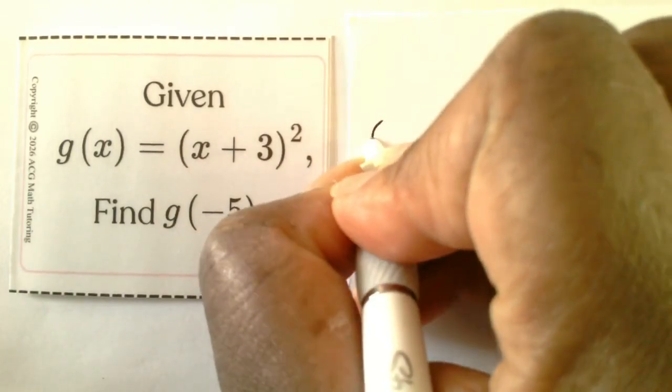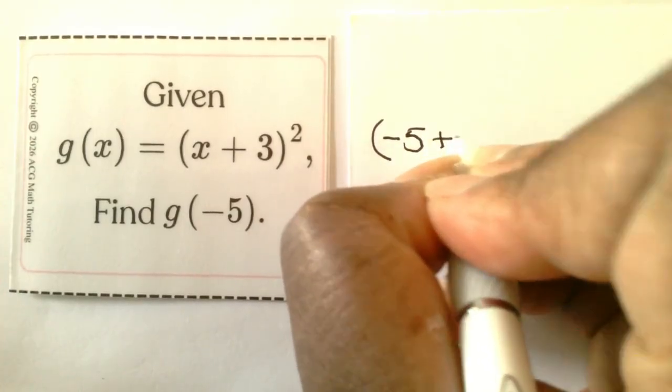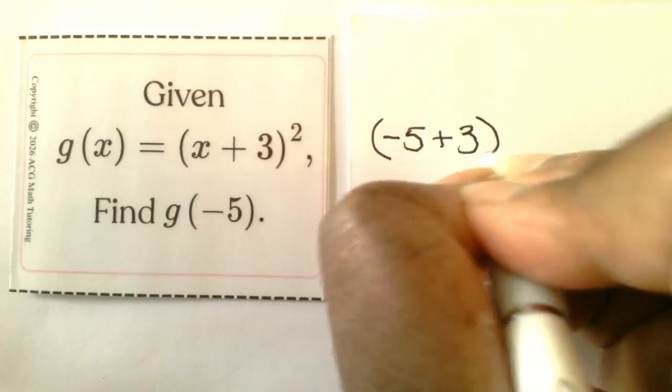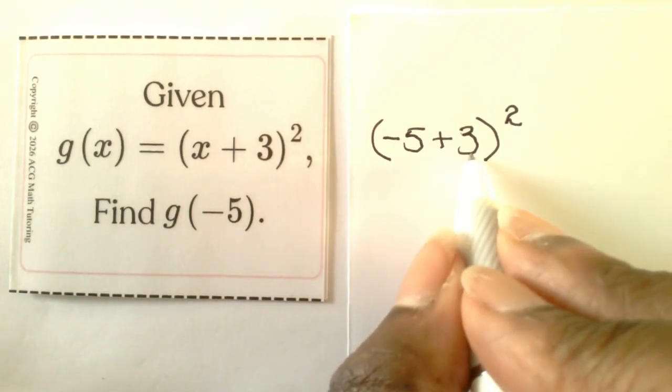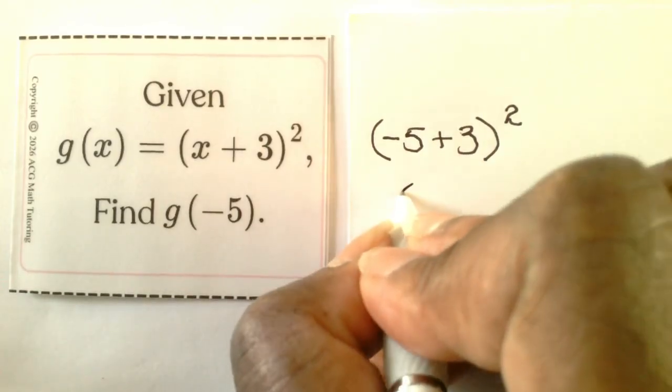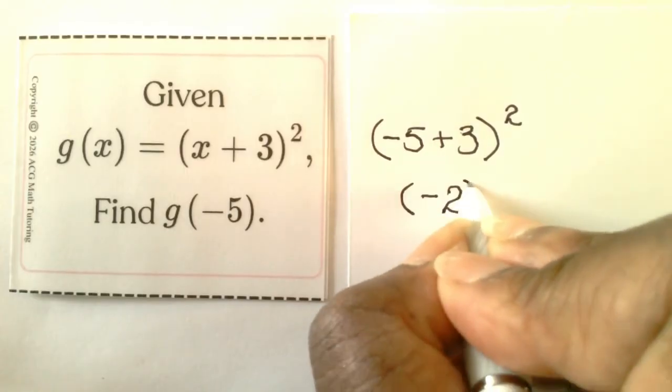So that means it's actually going to be negative 5 plus 3, and we're going to square it. Now, order of operations: we do what's inside the parenthesis first. So negative 5 plus 3 gives me a negative 2.